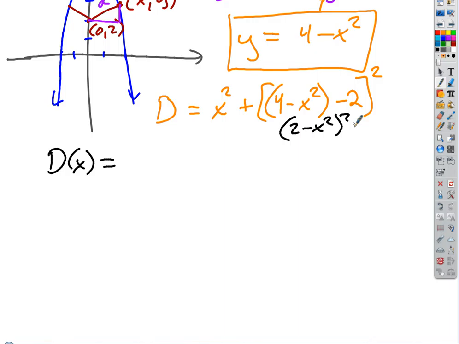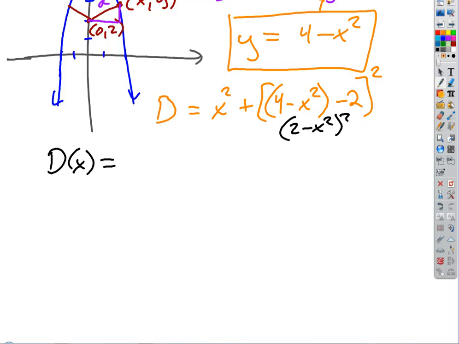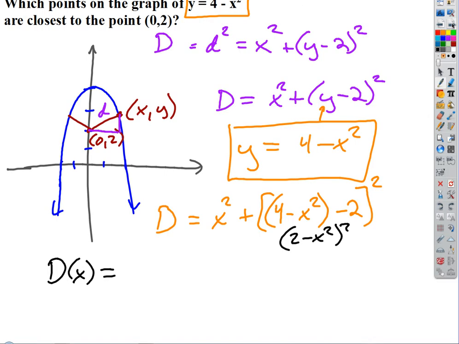And do you remember the expansion formula for a binomial? Because this is pretty useful. If we have something like a plus b squared, what's that expand to always? A squared plus 2AB plus B squared. Good. Okay, so we can do that trick right here, can't we? So a is 2, b is negative x squared.